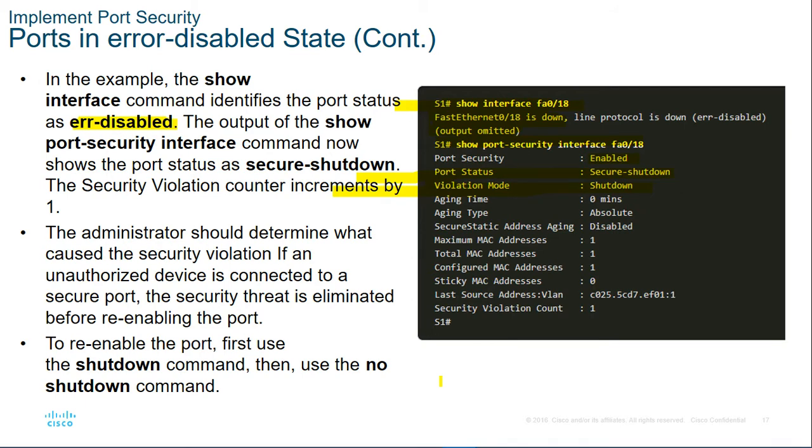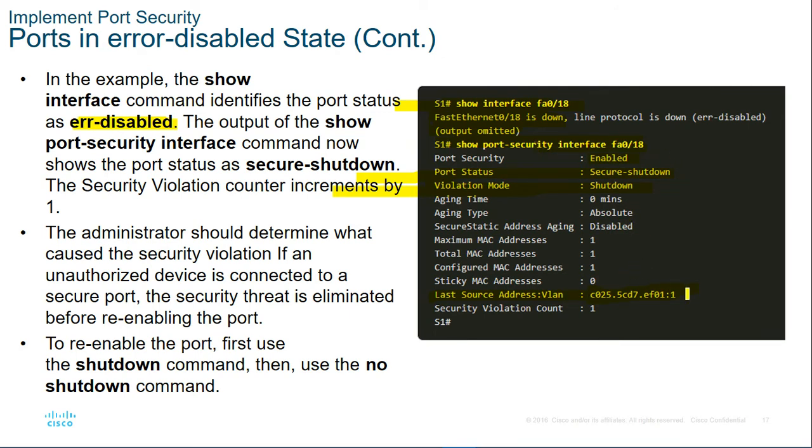The administrator should determine what caused the security violation, who caused it, who accessed this interface last. What is the MAC address of this device? Last source address means this is the last address that accessed the interface F018.